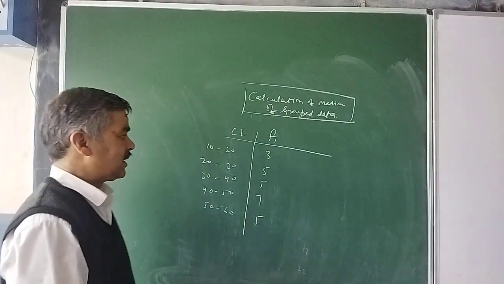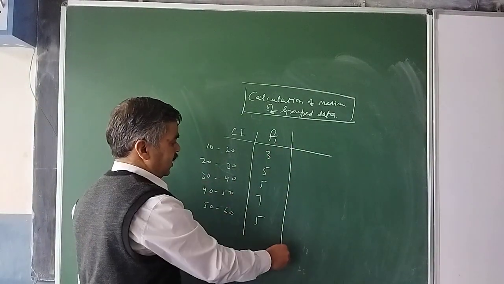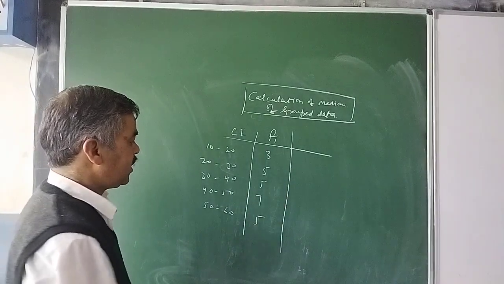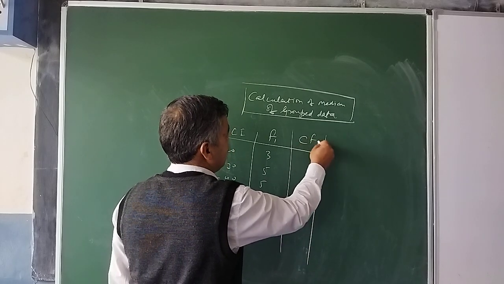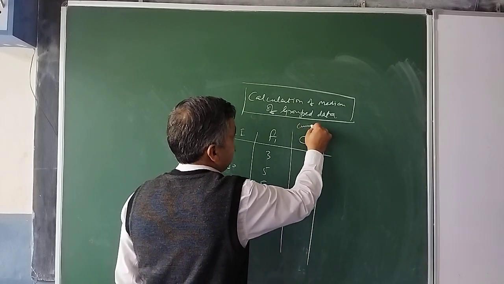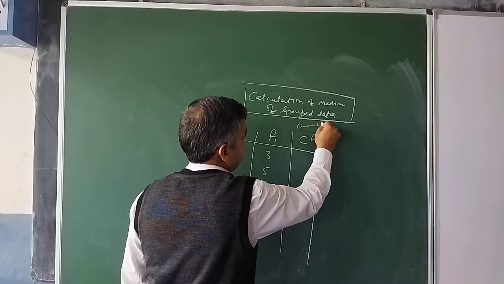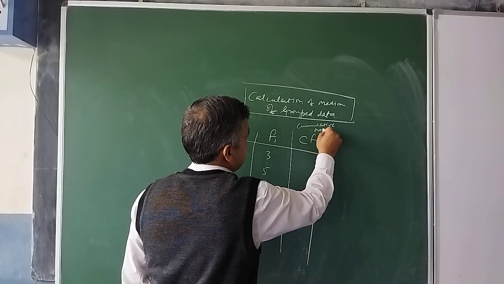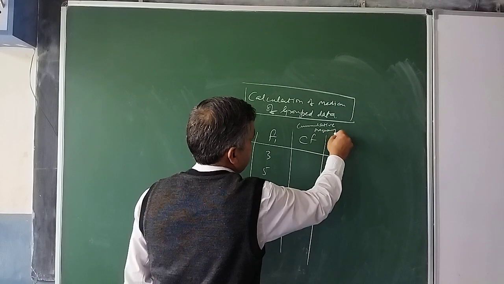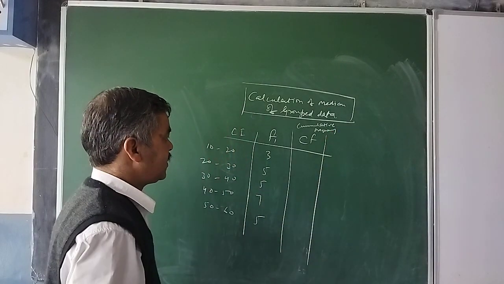And in case of calculating the median, the third column you need is CF, which is called cumulative frequency.